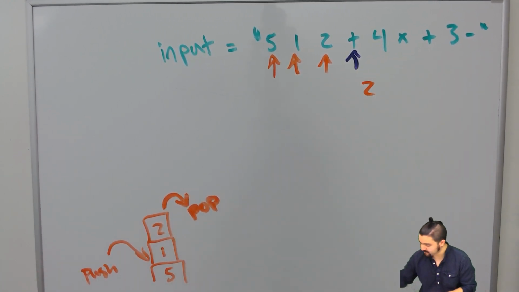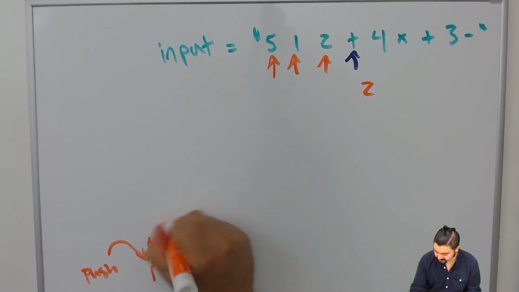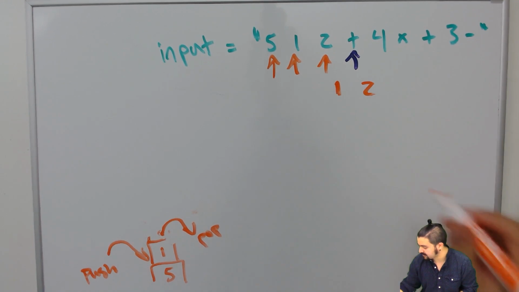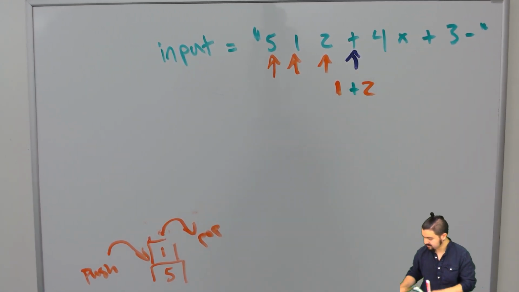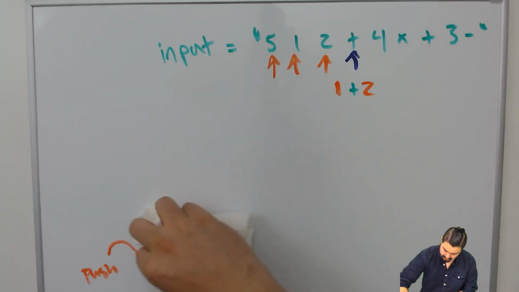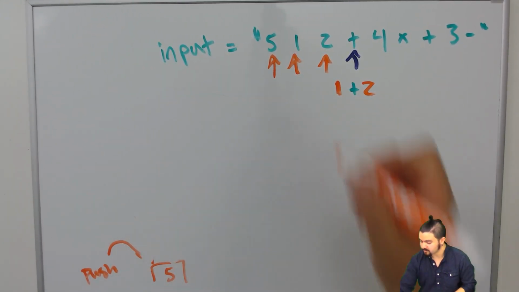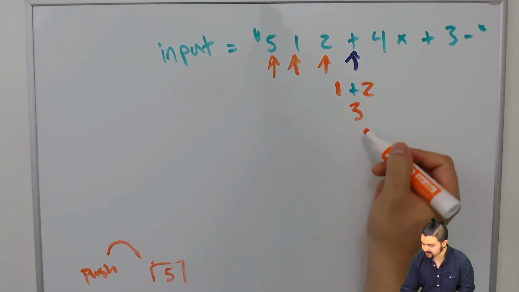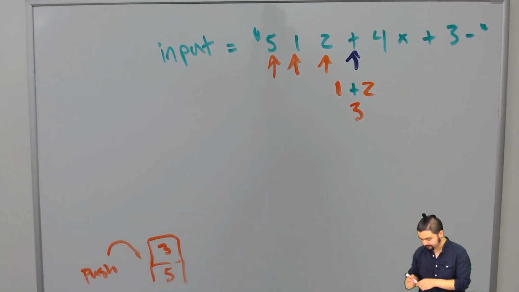And then once we pop off 2, we will pop off 1, and that's going to be our left operand, and then we perform the operation with those 2 numbers. So we popped off 1. Now our stack just has 5 in it, but we do 1 plus 2, that is 3, and then we take this result and push that onto the stack. So now our stack has 3 and 5.